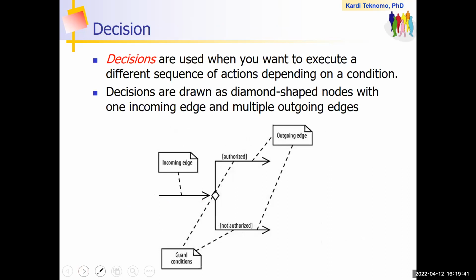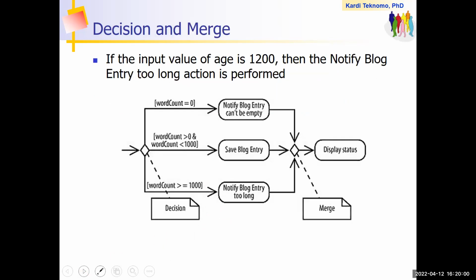Next, sometimes your action has some kind of decision, right? Branching of decision. If authorized or if not authorized, do something. So this is the way to diagram the decision. And then, of course, after you branch, you need to merge.